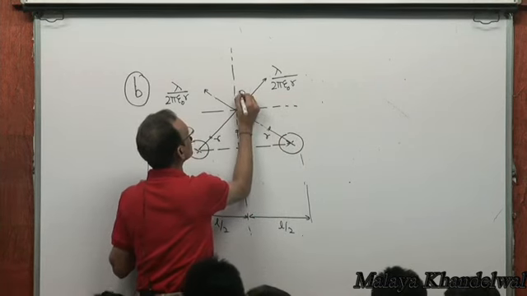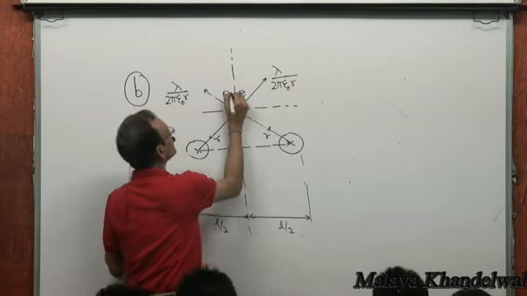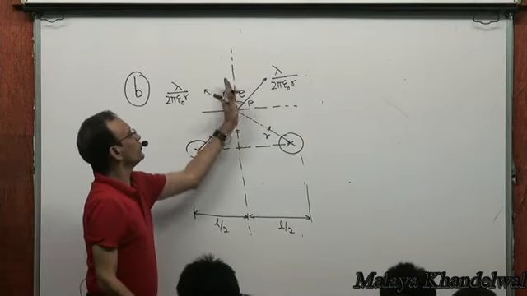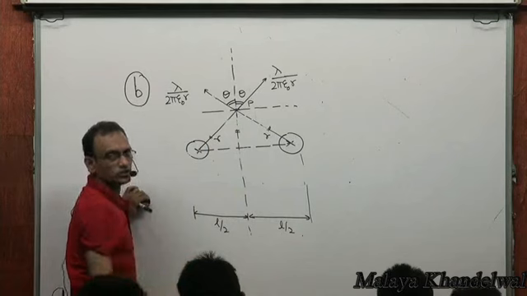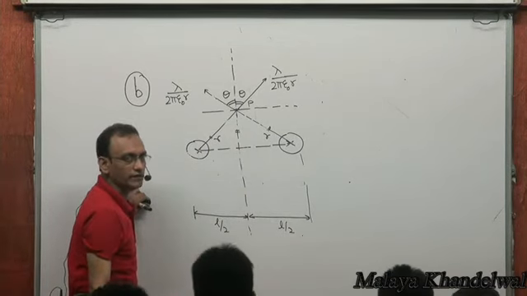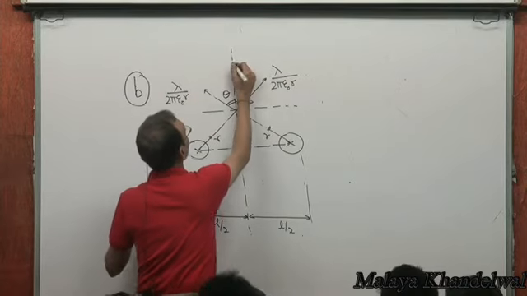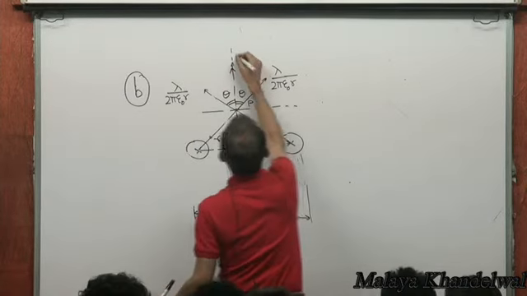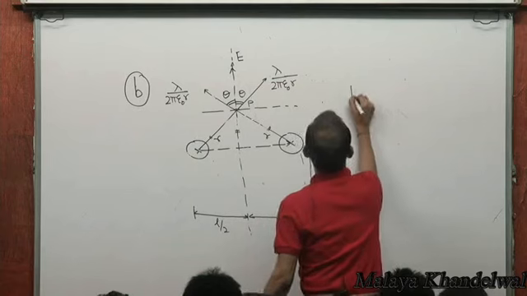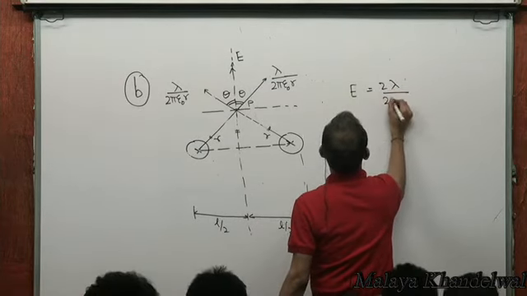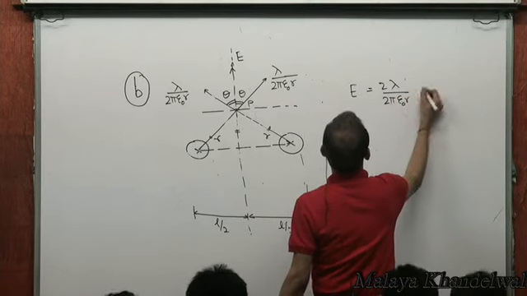This angle is theta, this angle is theta. The net electric field at this point P would be the vertical components of these electric fields added up. So the net electric field E upwards is going to be 2 times lambda by 2 pi epsilon naught r cos theta.